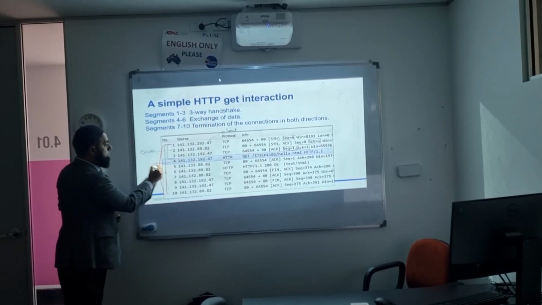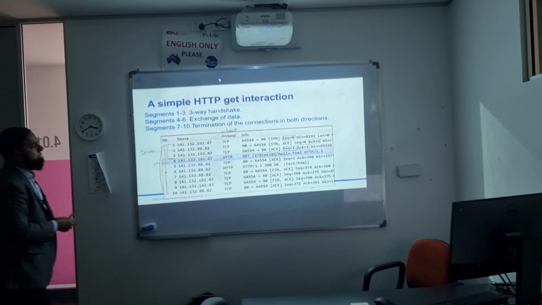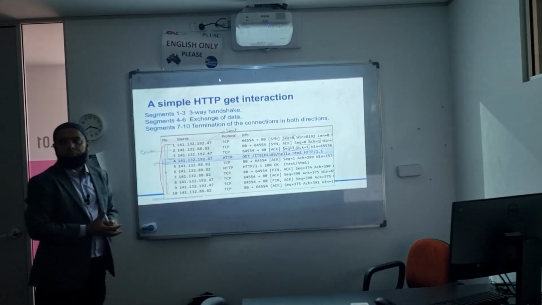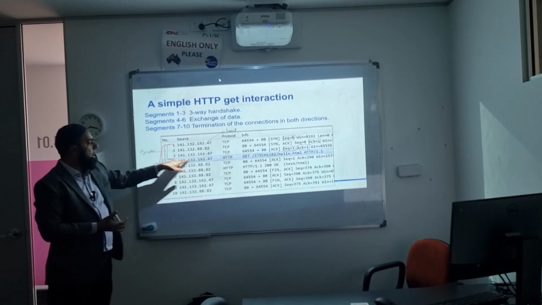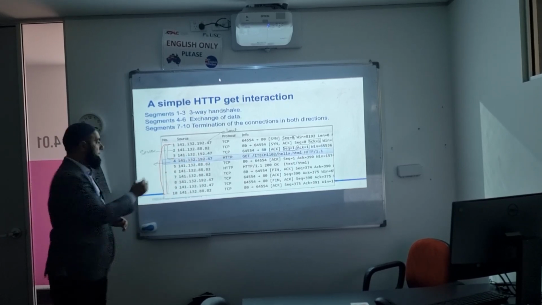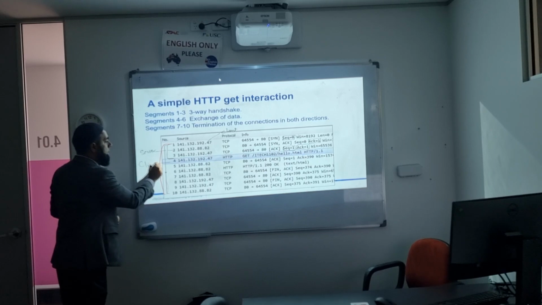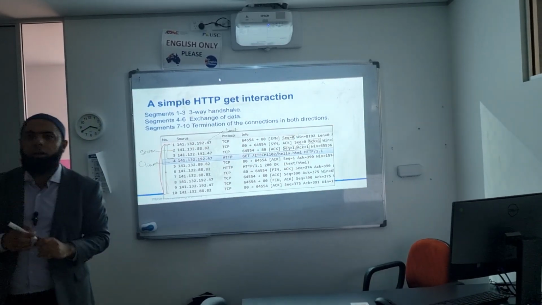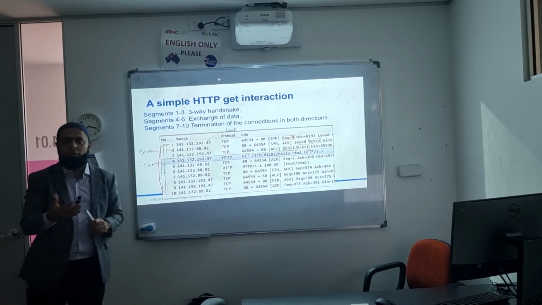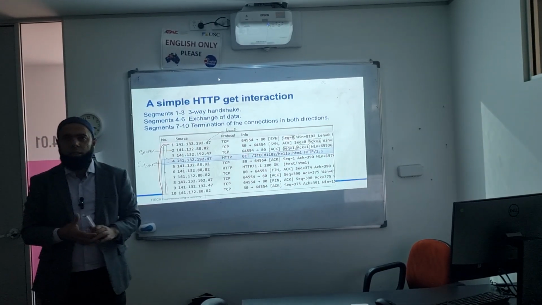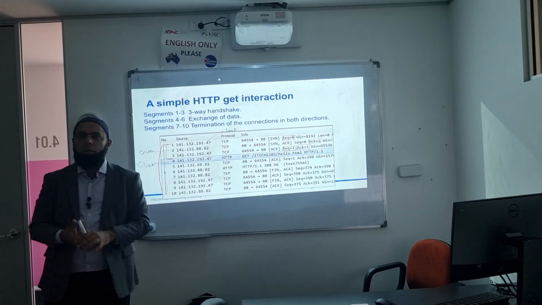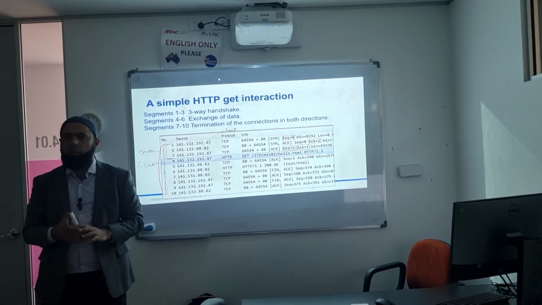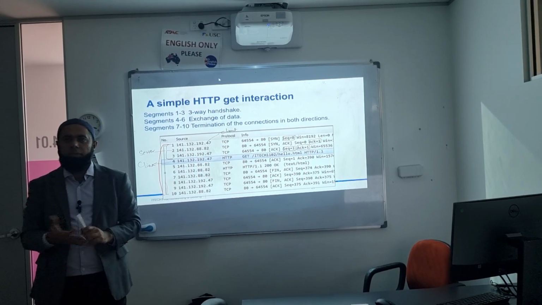So is number 4 the client or the server? No, see here, the IP address. Client. The client is going to write any IP or HTTP address in his browser, isn't it? We are going to enter any IP address or any URL, any website.